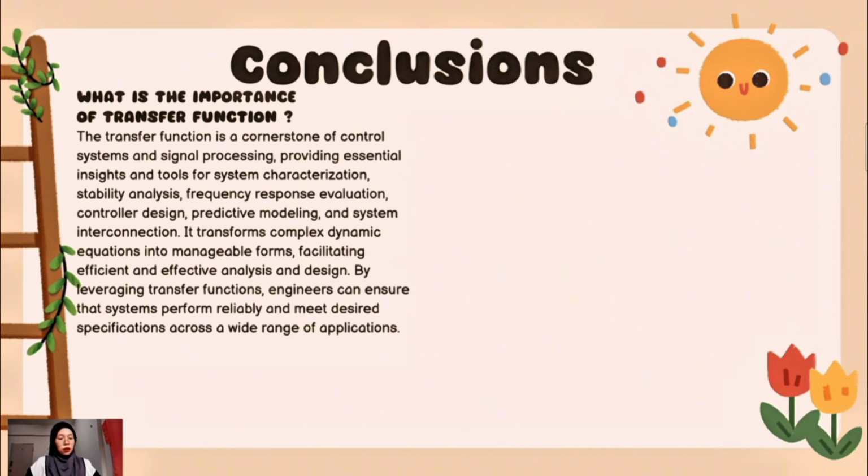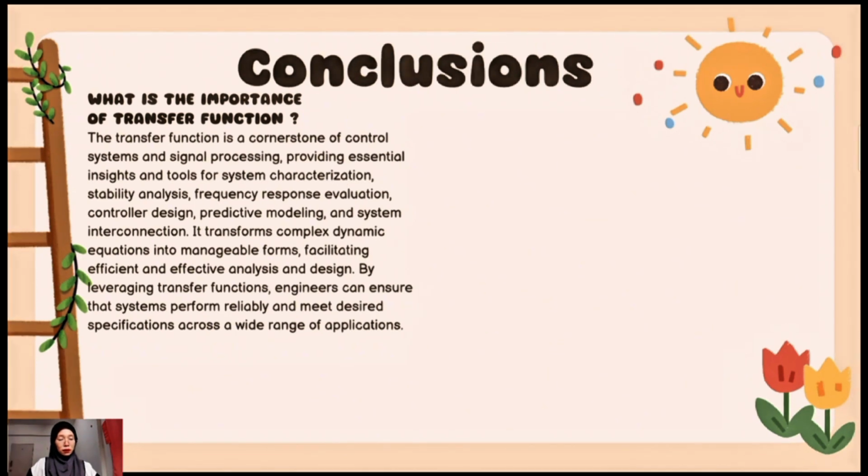It transforms complex dynamic equations into manageable form, facilitating efficient and effective analysis and design. By leveraging the transfer function, engineers can ensure that systems perform reliably and meet desired specifications across a wide range of applications.